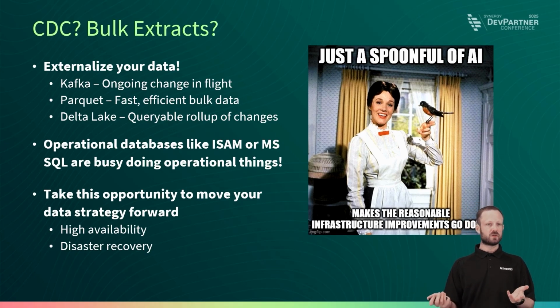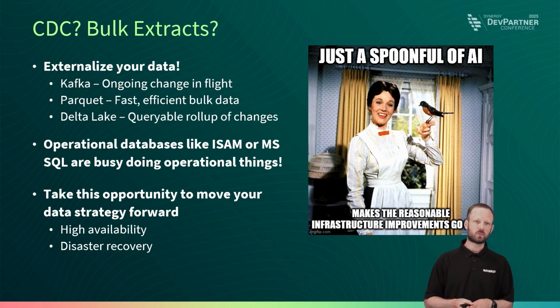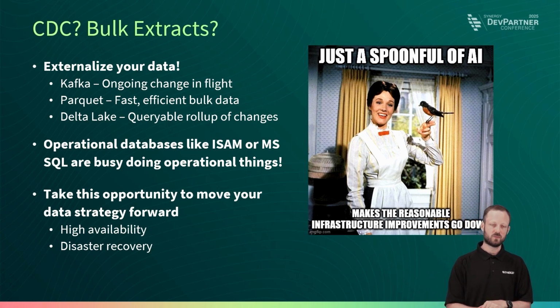So why are we externalizing your data? Operational databases like ISAM or Microsoft SQL or whatever you're using are busy doing operational things. The analysis workloads we're talking about here for AI are potentially large workloads that you don't want to put in the same place as your users.